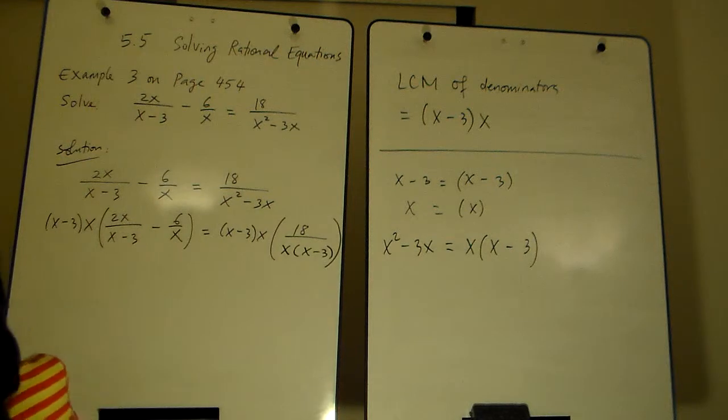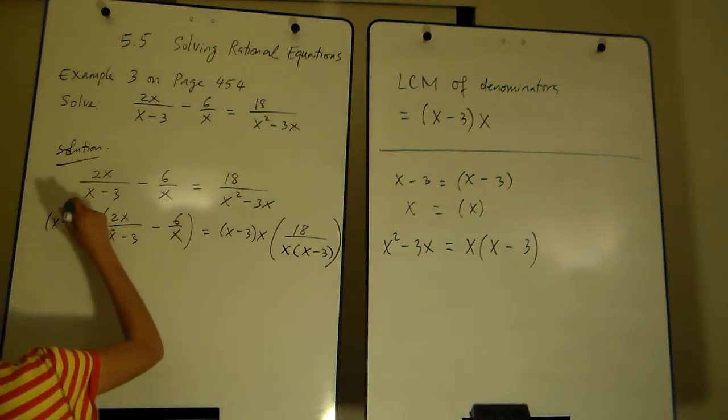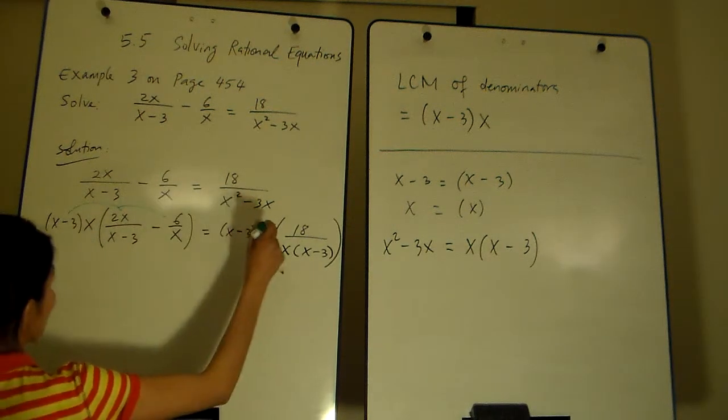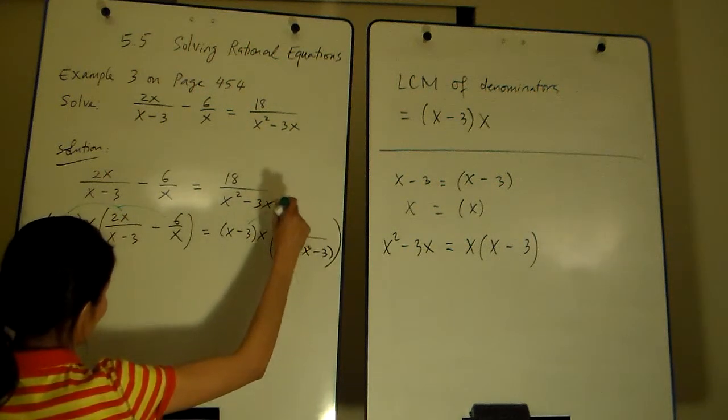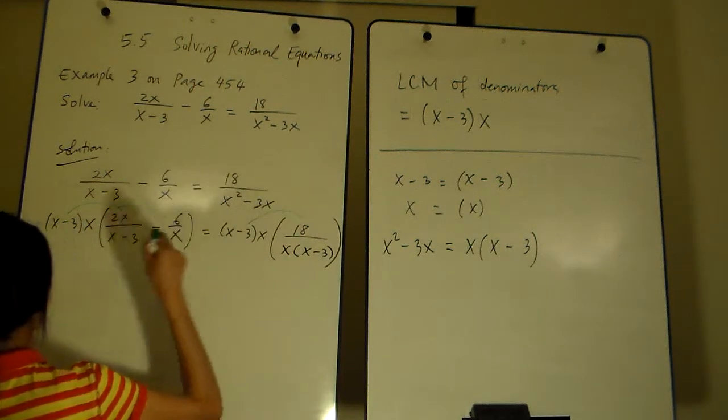And then distribute to each term inside the parentheses. Doing that will remove all denominators, okay?